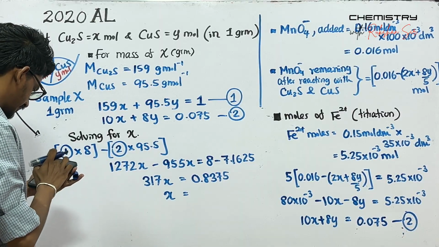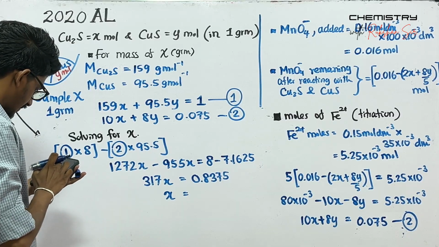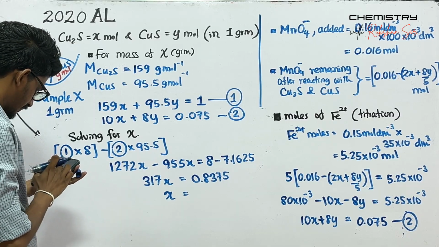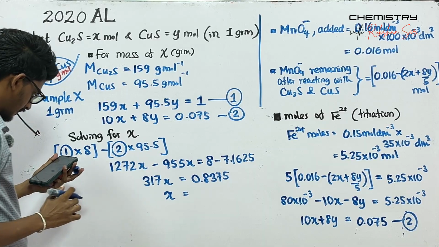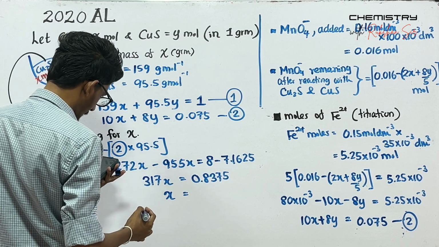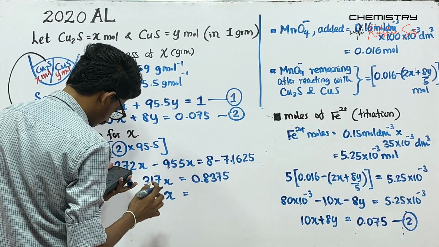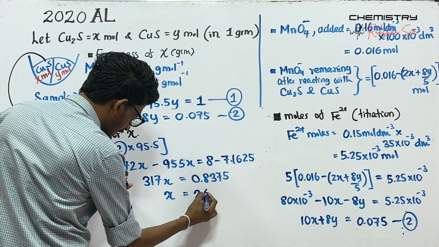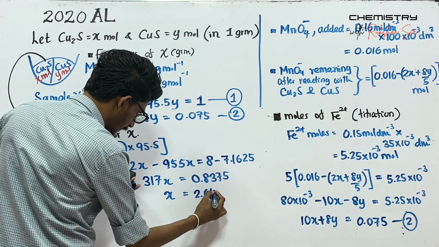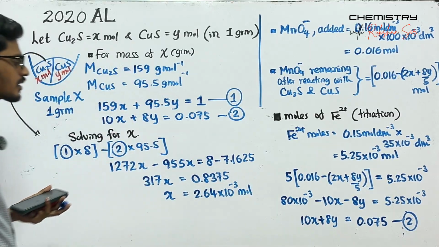So your x is equal to this divided by this, right? 0.8375 divided by 317, that is equal to 2.64 into 10 to the power minus 3, right?